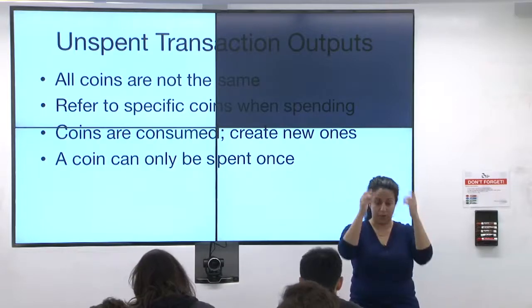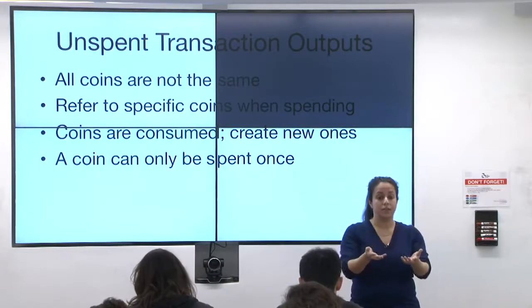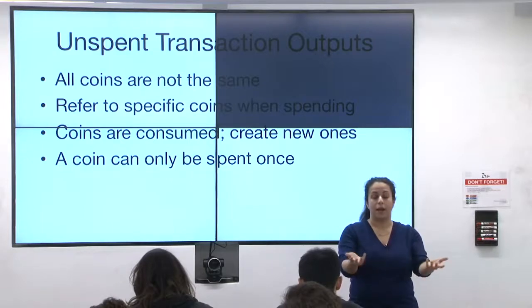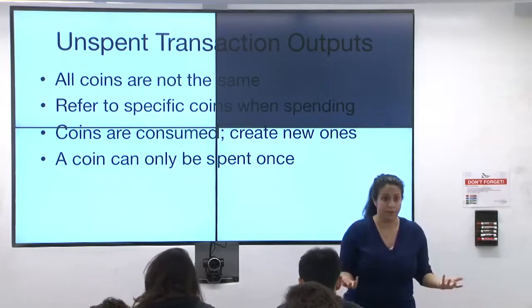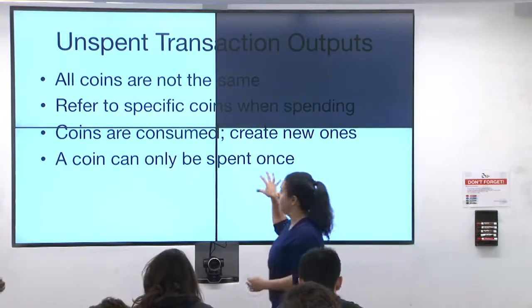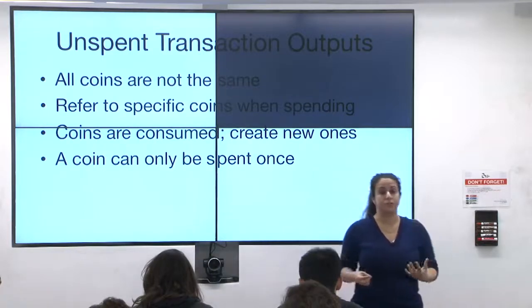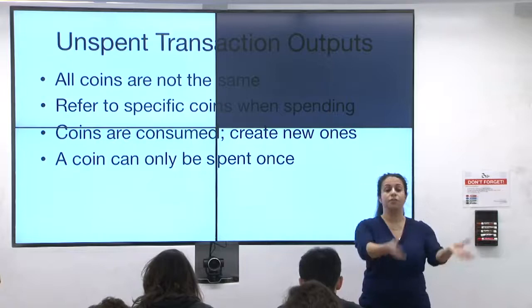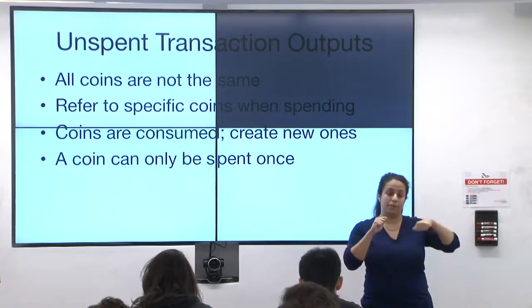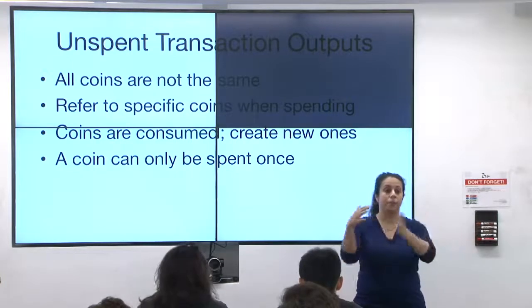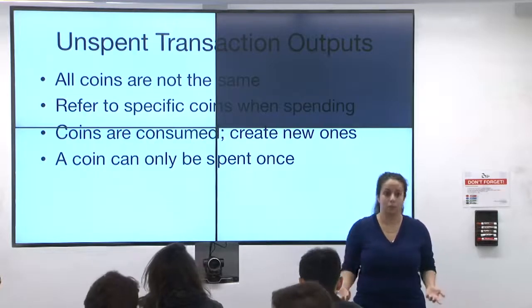You can see a coin. The question about what happens if you only want to spend part of a coin is a great question, and we'll see how you do that in the way that the transaction is constructed. But the short answer is, if you want to spend part of a coin, you have to spend the whole coin, spend the part that you want to someone else, and then spend the rest of it back to yourself, creating a new coin in the process.